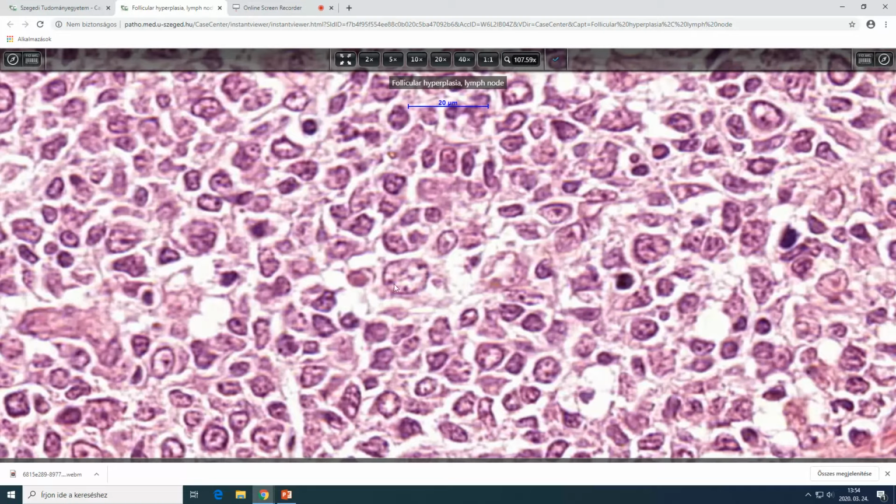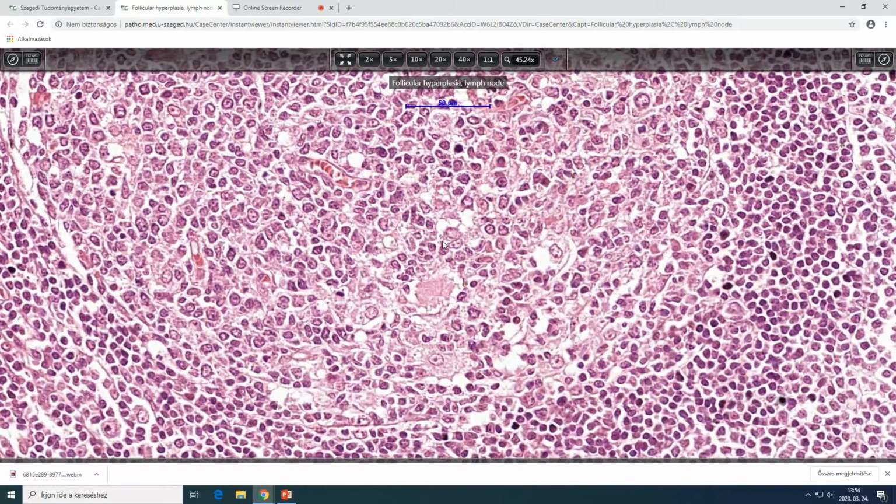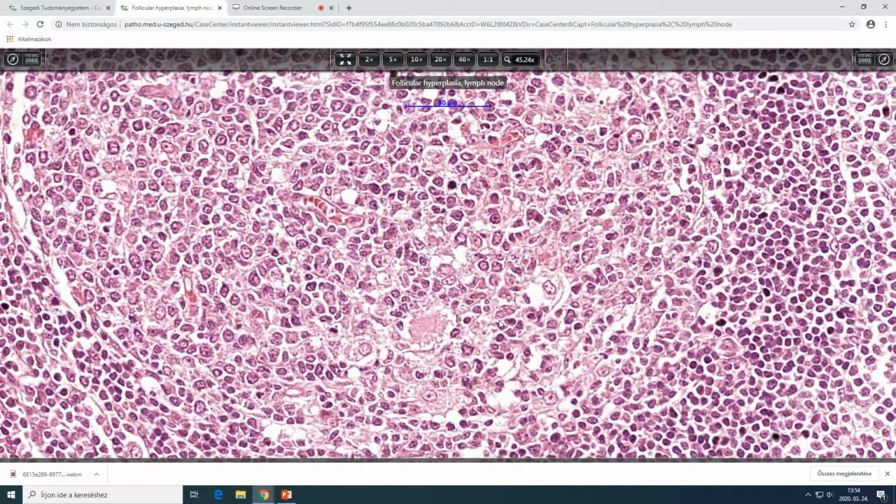The nucleoli of the centroblasts are often attached to the nuclear membrane. Now, next to these cells, we can see some apoptotic cells eaten by so-called tingible body macrophages.